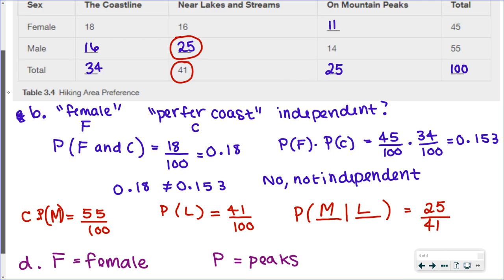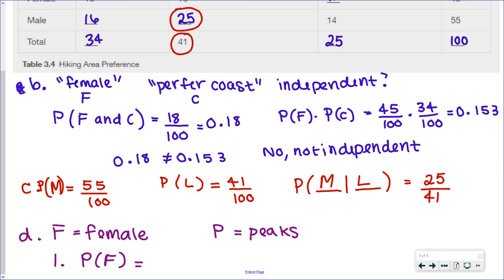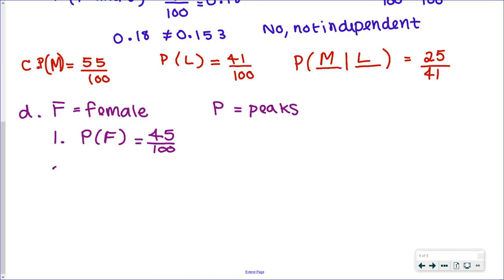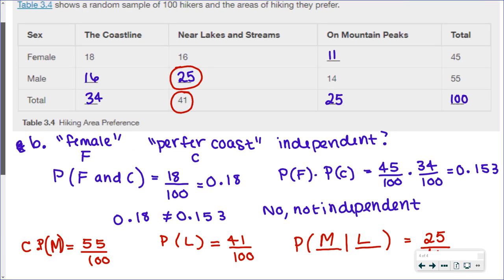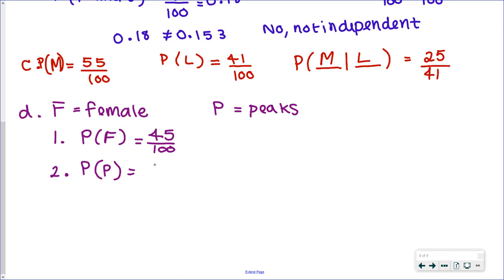So we look up at our table, there's a total of 45 females out of 100. The second thing we want to find is the probability of the peaks, mountain peaks. So let's go to our table. Total mountain peaks is 25 out of 100. So the probability of P is 25 out of 100.